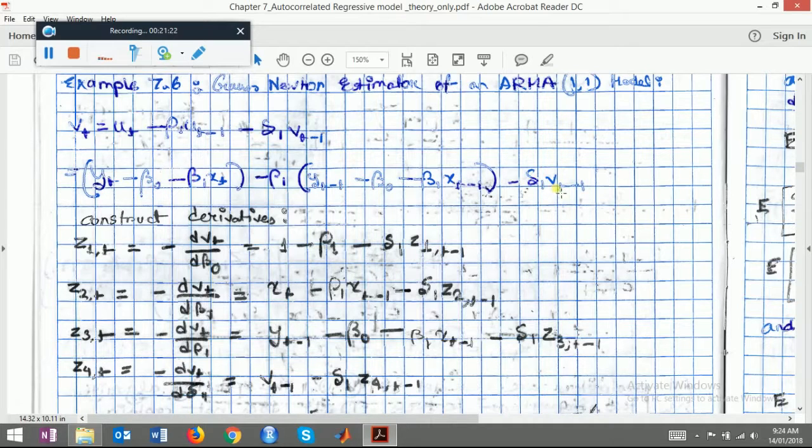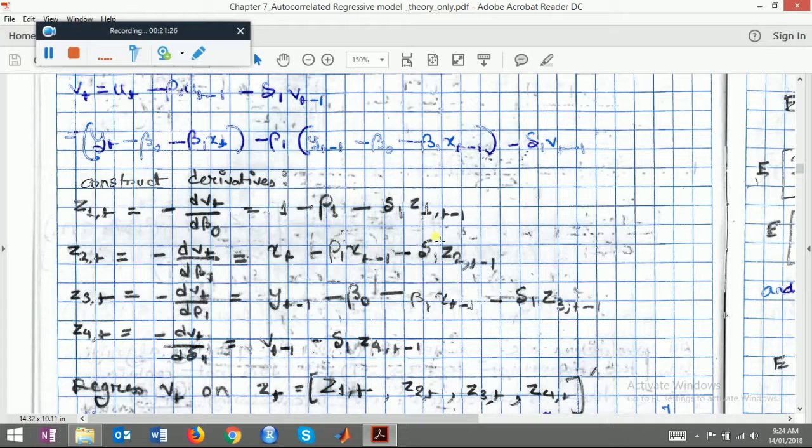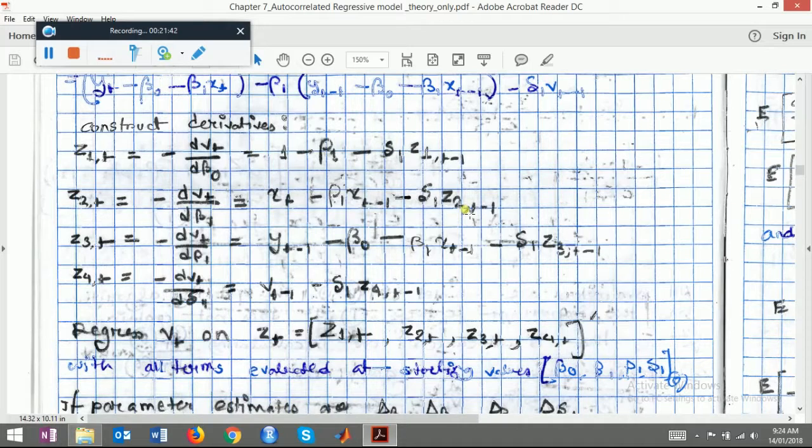So we have to take the lag of the entire equation. This is z1t, right? And then z1t minus 1 is the lag of z1t, because this is an updating parameter. When this is an autoregressive equation we're talking about, it's not like before. z2 t minus 1, so it's a recursive estimation.